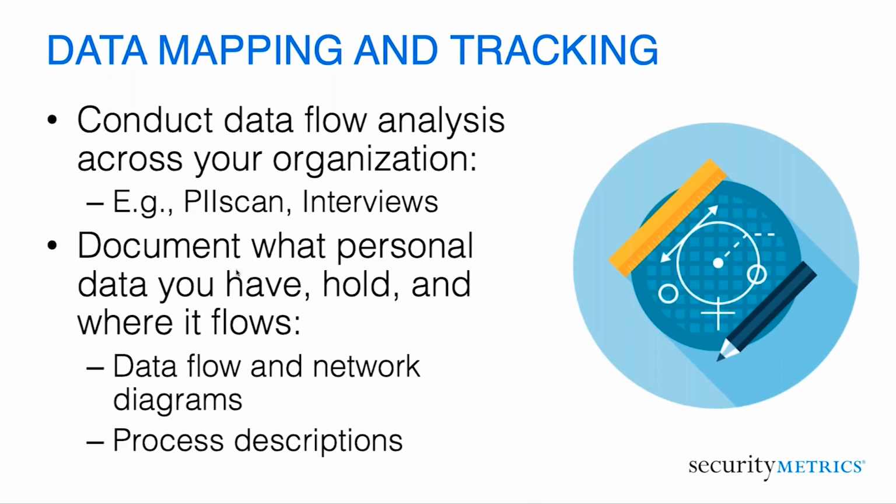Do you have controls over that? Do you know where it's stored, how it's protected when it's in transit or when it's sitting there on your servers? You really need to do that data mapping to know where things are. And I highly, highly recommend diagrams, pictures, things that are easy to look at and understand for multiple people in different departments. So do that data mapping and flow diagrams to know where things are coming and going as far as personal data is concerned.